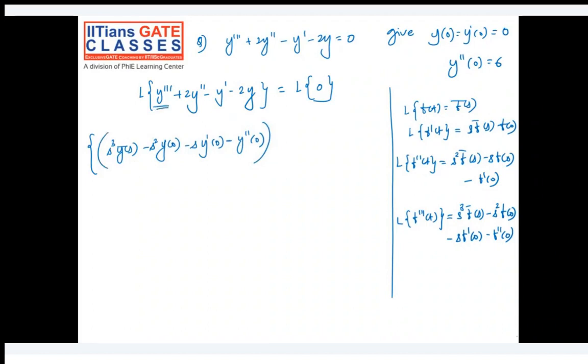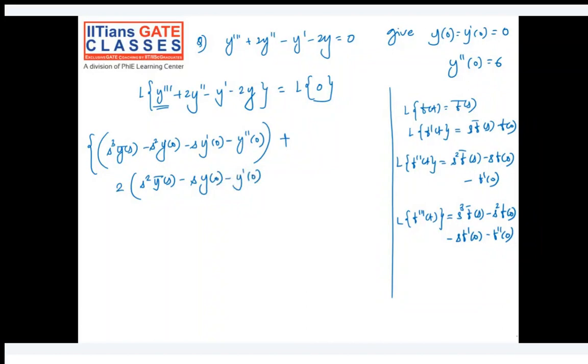Plus 2 times the Laplace transform of y double dash, which is s square y bar of s minus s y of 0 minus y dash of 0.